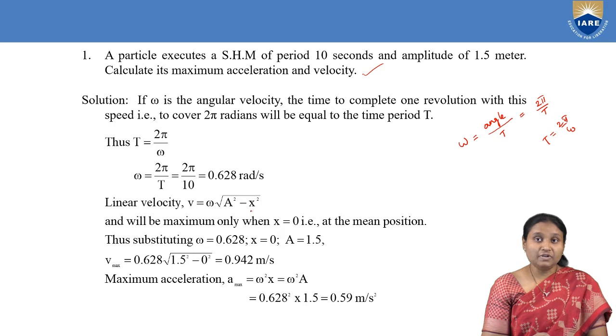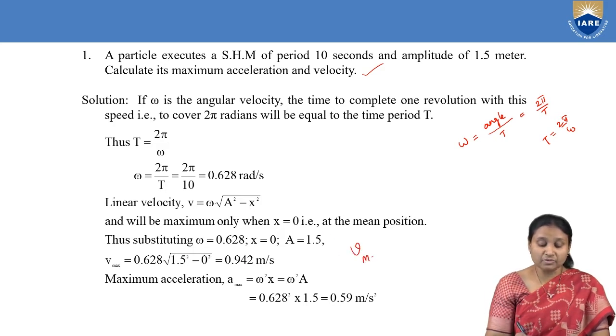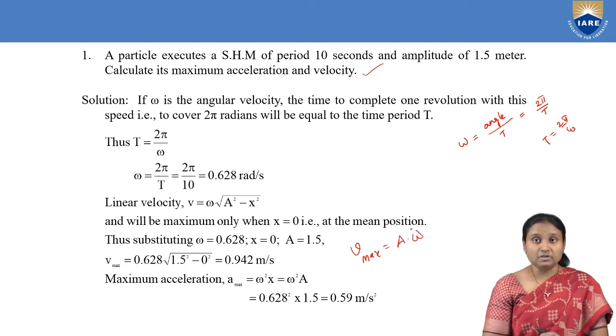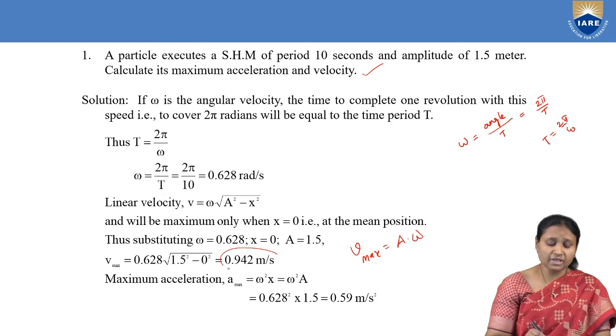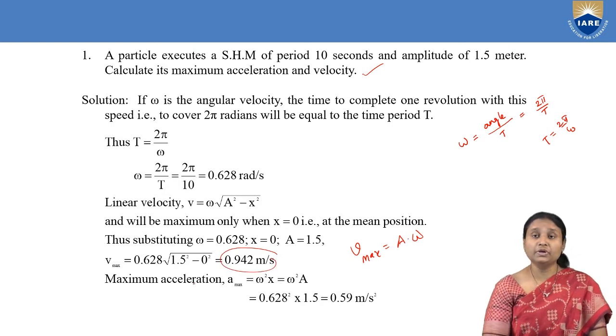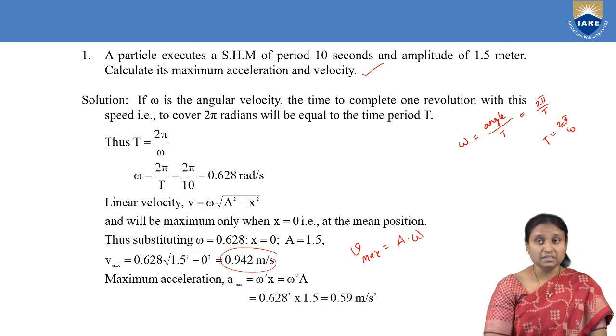In that case, the maximum velocity comes out to be the product of amplitude and angular velocity. What is the amplitude? Here it is given as 1.5. And the angular velocity is 0.628. If we multiply, we get our maximum velocity as 0.942 meters per second.